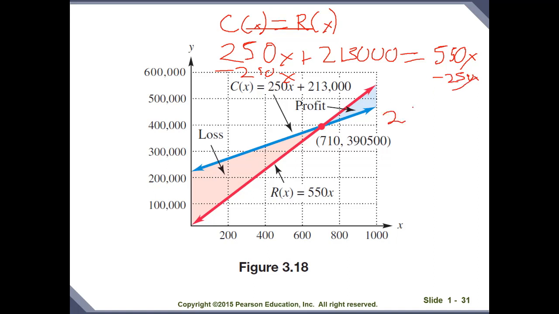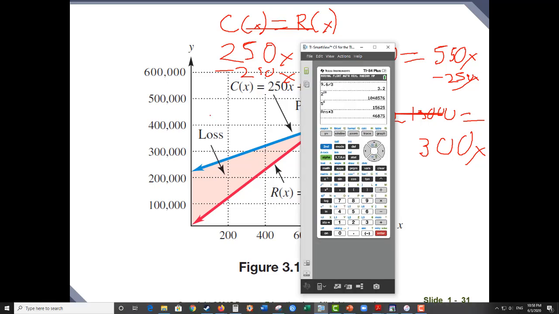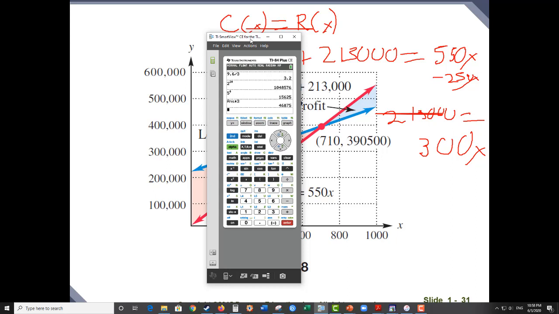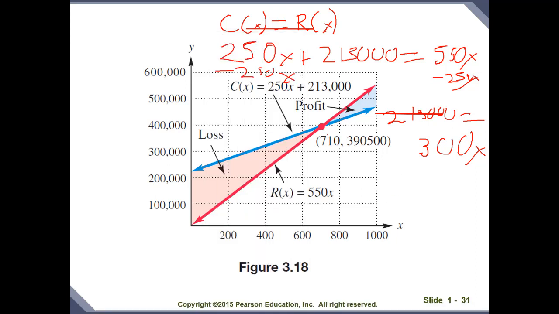And so we would get 213,000 equals 550 minus 250. That's going to be 300x. And then we will bring in our calculator and we'll divide both sides by 300. So 213,000 divided by 300 gives us 710.